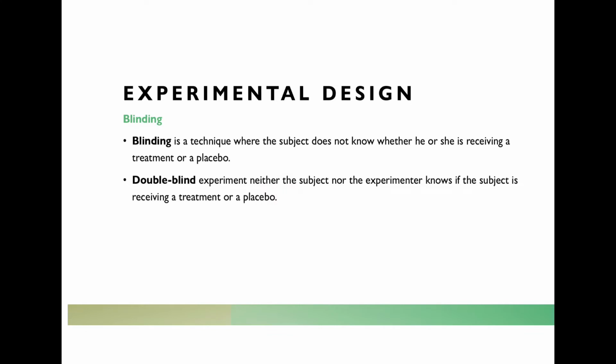which in a double blind situation, neither the subject nor the experimenter, the person who is interacting directly with the subjects, knows if the subject has received the treatment or a placebo.